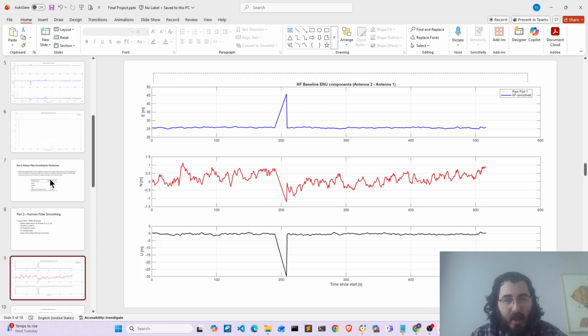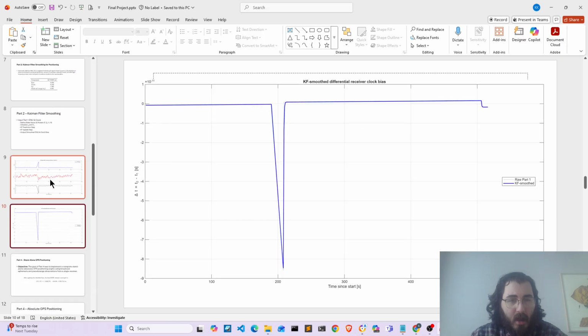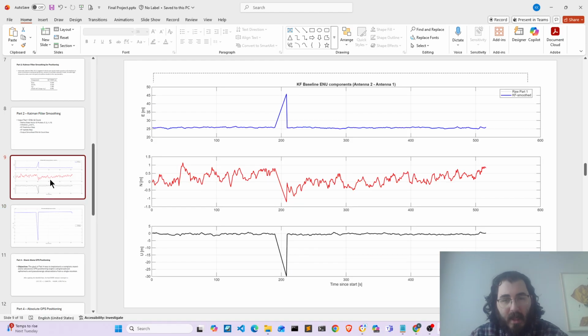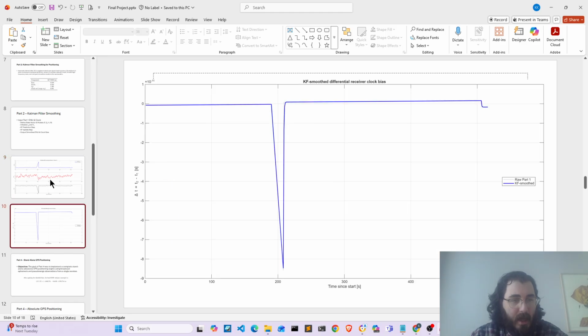No innovation gating or measurement filtering was applied. Because of this, the Kalman gain remained extremely small, so the filter simply repeated the raw baseline. Thus, the RMS performance before and after filtering was nearly identical, and spikes remained unchanged on both the ENU and clock bias graphs.